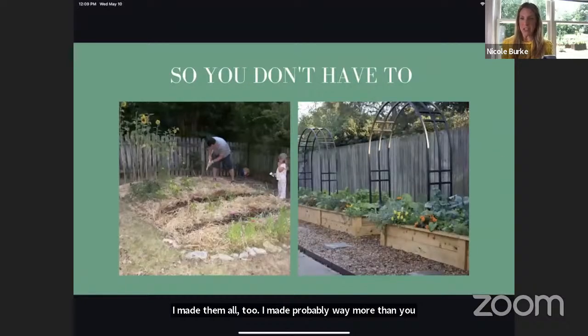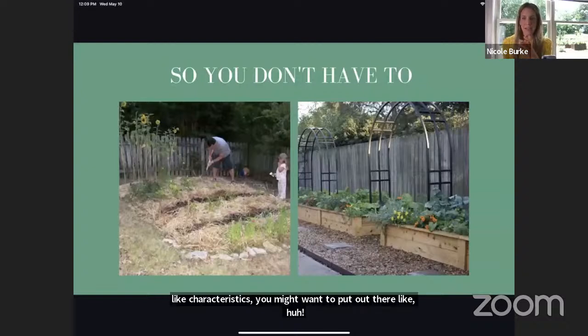So today I'm going to be teaching you the 3 big mistakes that I made. I'm going to be using my first garden, and then I'm going to show you how you don't have to make these mistakes. Pictured here is about 6 years in between, from 2011 to 2017. What do you see is the difference between these 2 gardens? Any characteristics you might want to put out there, like she must have learned to do something?